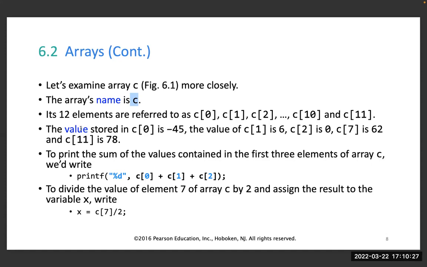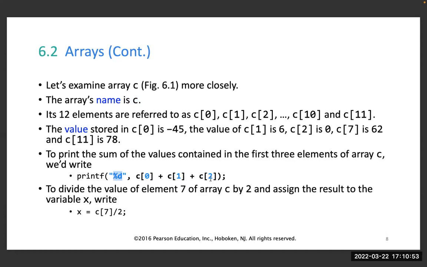For the values of the elements, for example, C0 is minus 45, C1 is 6, like this. You can use the elements as integer numbers. Here, printf %d is for integers, right?